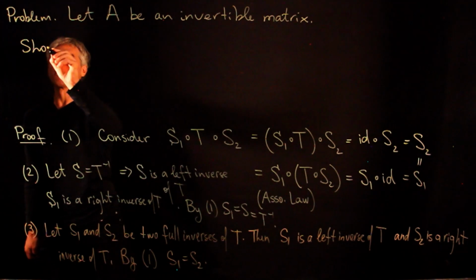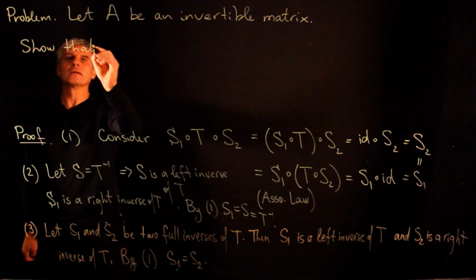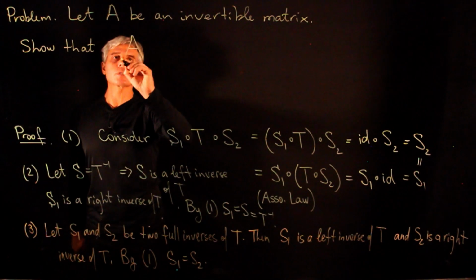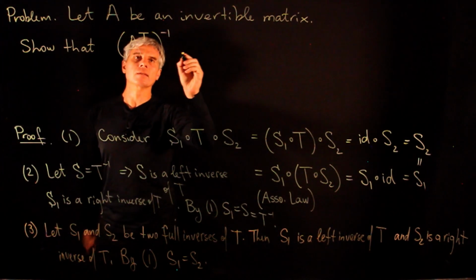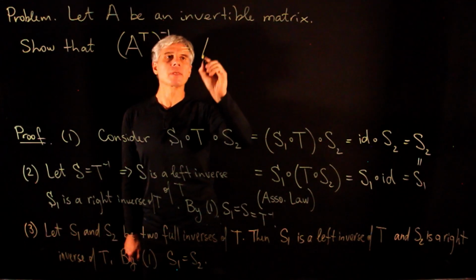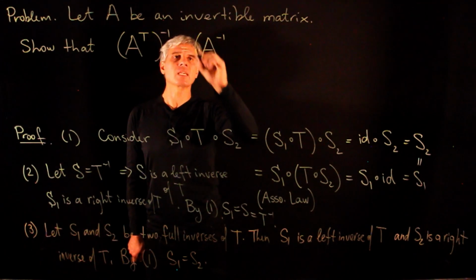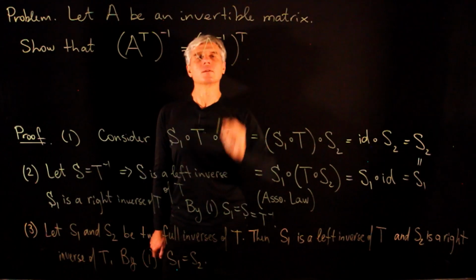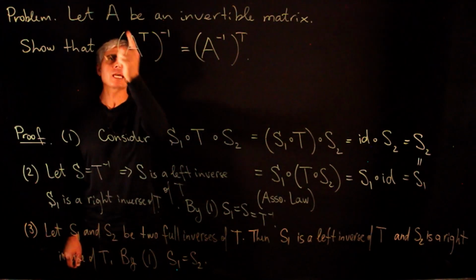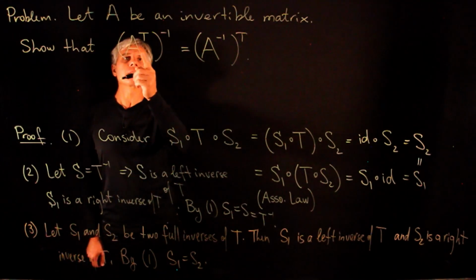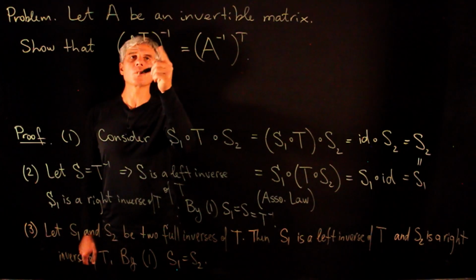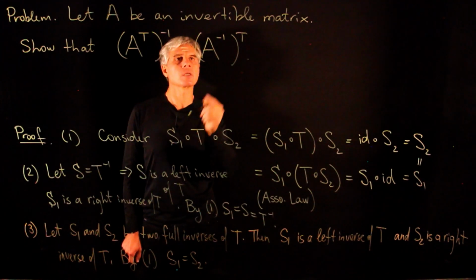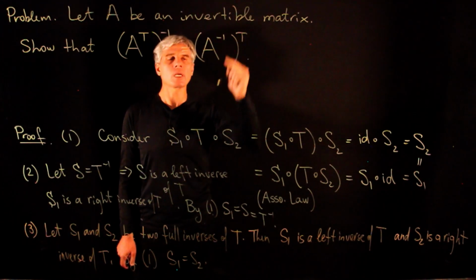Show that the inverse of the transpose of A is the transpose of the inverse of A. So here we're saying that if A is invertible, then the transpose of A is also invertible. And to compute the inverse of the transpose matrix, we take A inverse and transpose it.